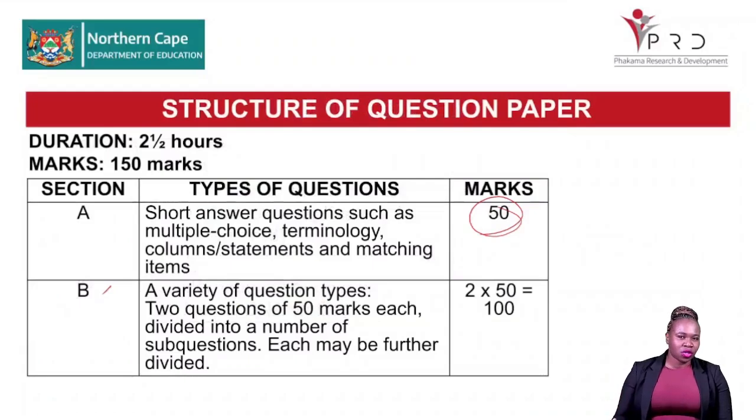The first 3 questions, it's 1.1 up to 1.3. 1.1, we have the multiple choice questions. 1.2, we have the terminologies or the biological terms. Now, with regards to these terminologies, make sure that you learn all your terminologies as you are studying.